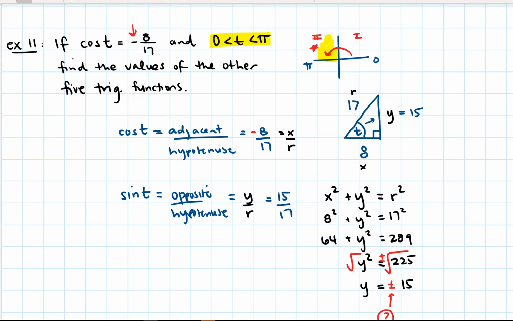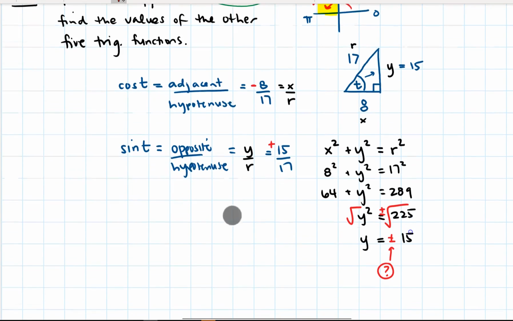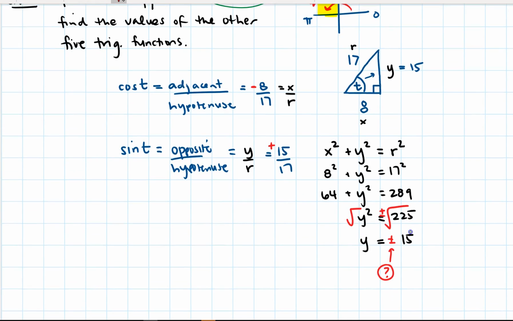We are in quadrant 2, and if we're in quadrant 2, the sine is always positive. So that gives us a heads up. You don't really have to write this in, but I'm reminding myself that since we're in quadrant 2, y is going to be a positive number.